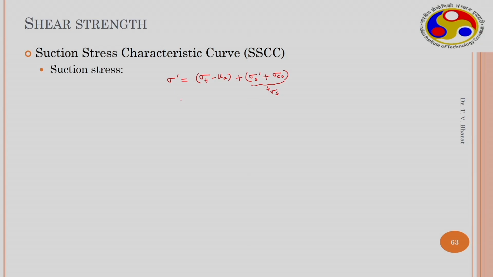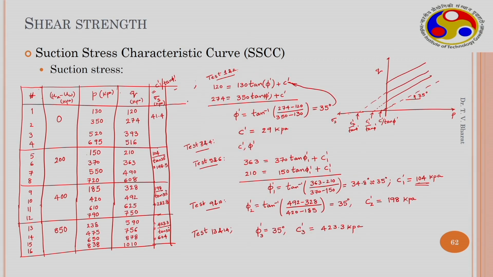So, therefore, the effective stress is sigma total minus UA plus sigma S. These values we have, and net normal stress values we have, therefore, effective stress values we can obtain. For the previous data, we can write here itself, the sigma dash is here the effective mean stress, therefore, this is simply P dash.